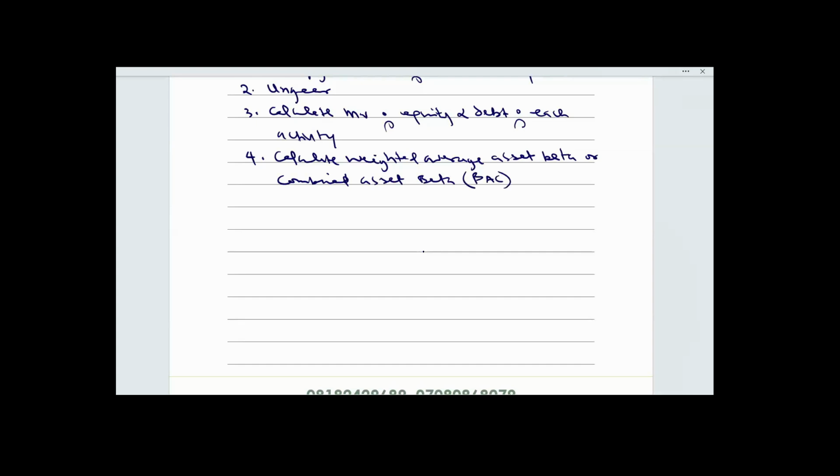Then step 5, you regear. Now, how do you calculate beta asset of the combined?